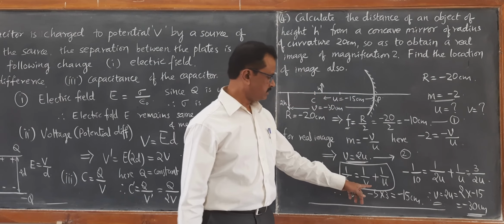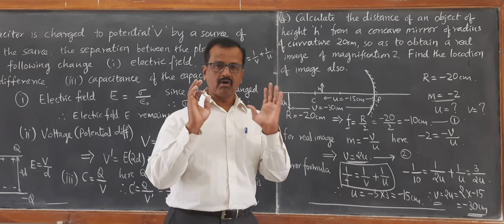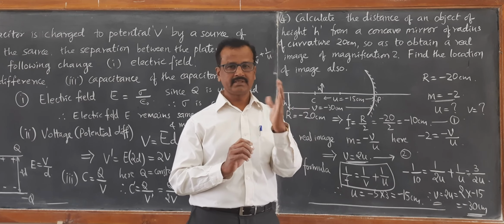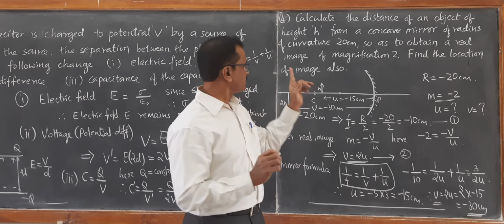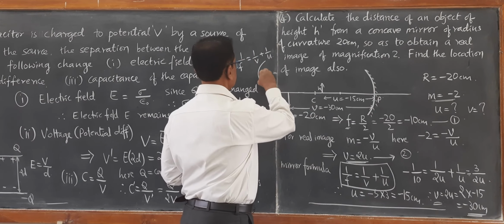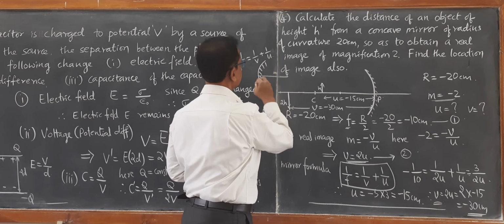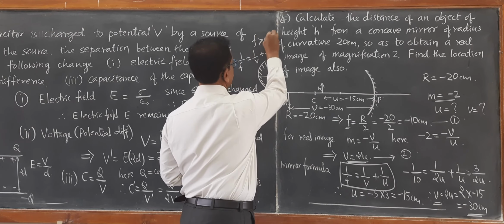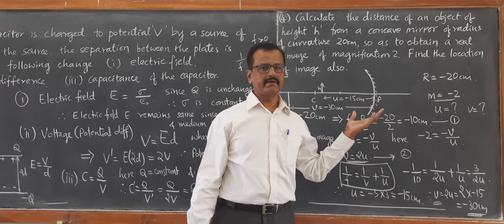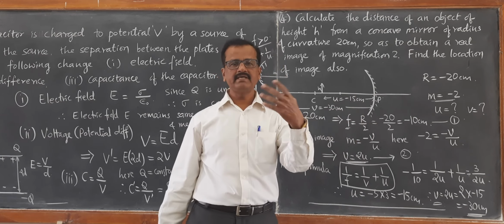From this mirror formula, you see, for a convex mirror, focal length is always positive. F is always positive. But according to the sign convention, object distance is always negative.